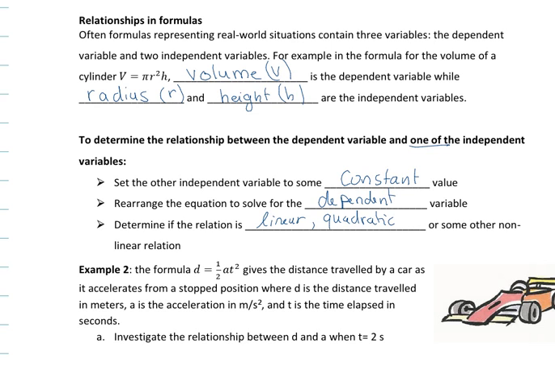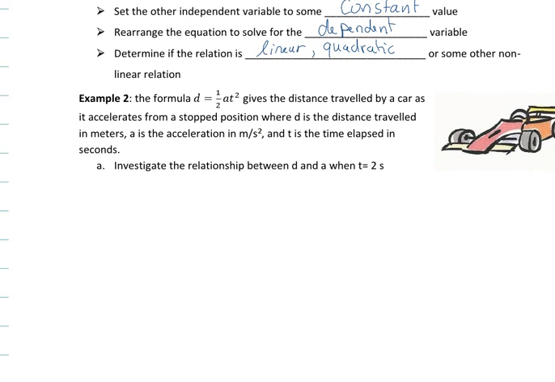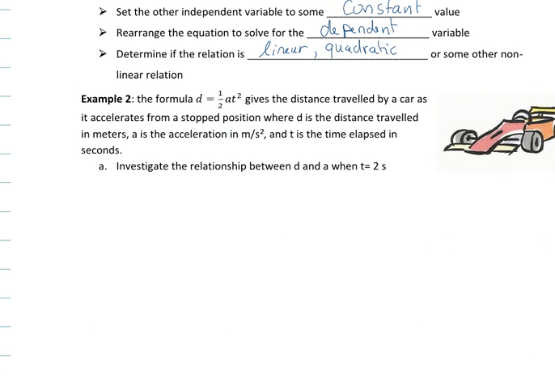So I have the formula D equals 1/2 A T squared, giving the distance traveled by a car as it accelerates from a stop position, where D is the distance traveled in meters, A is the acceleration in meters per second squared, and T is the time elapsed in seconds.